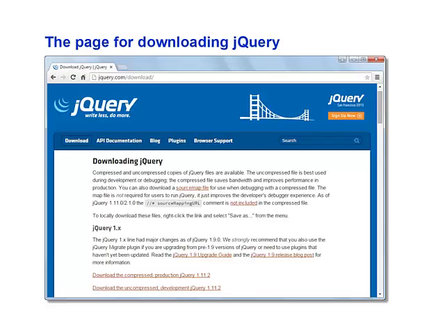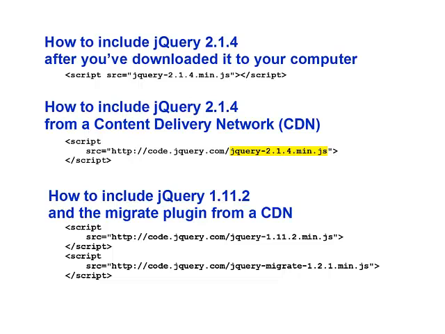jQuery is versatile, again, with the cross-browser functionality. It's supported across Chrome, Firefox, but older versions of IE are no longer supported. Some of the coding for use of the content delivery network can be seen here from code.jquery.com.